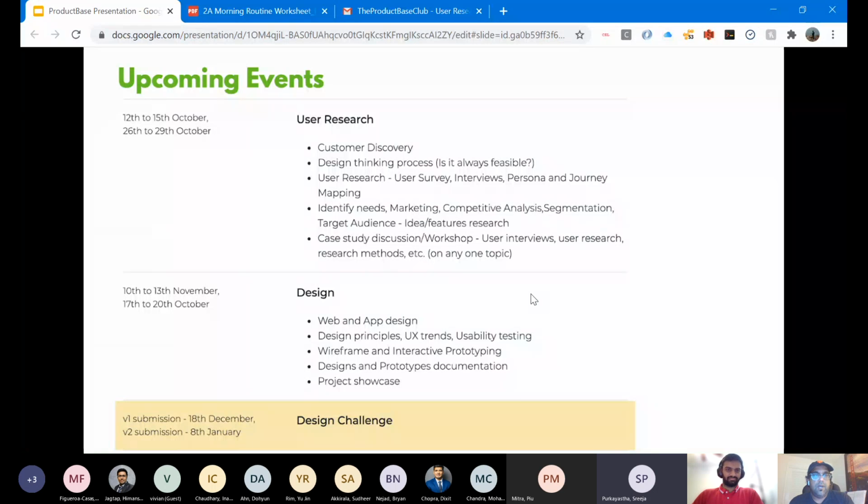Cool, awesome. So in this session, we're going to mainly focus on customer discovery, design thinking, and user research. Obviously, it'll be interactive. I'll touch on the target audience and feature research piece of it, but the main content is going to be the top three.